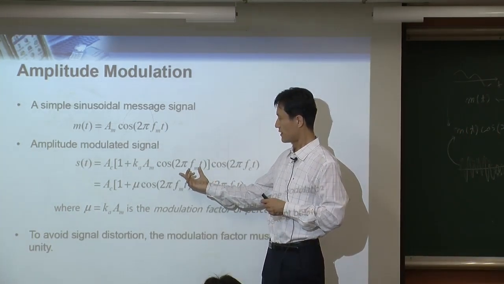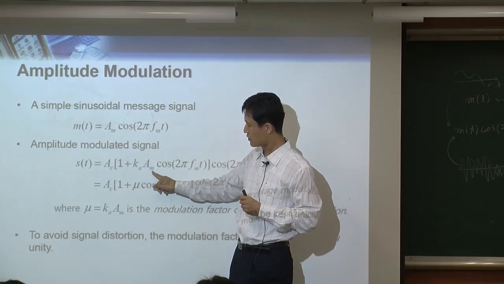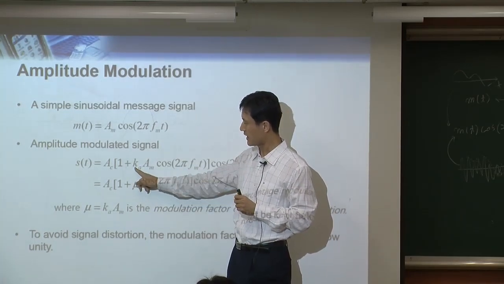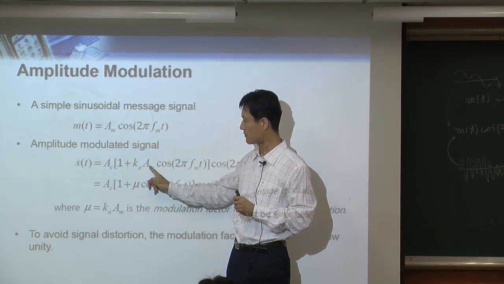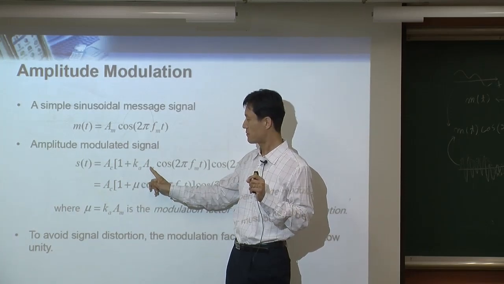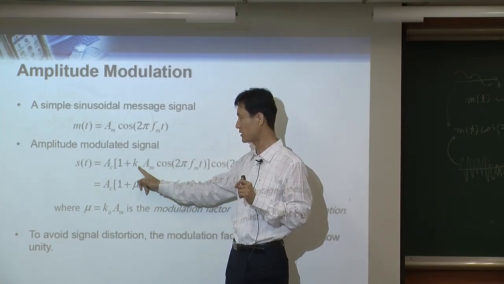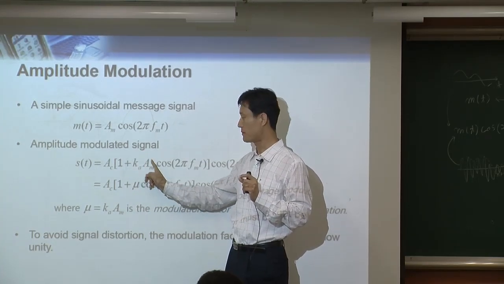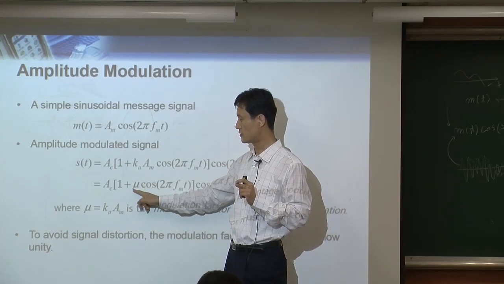Now when you put this, you probably want to look at this part, Ka Am. This is just a constant value. We group these two constants together, Ka times Am, and we want to replace this with mu.